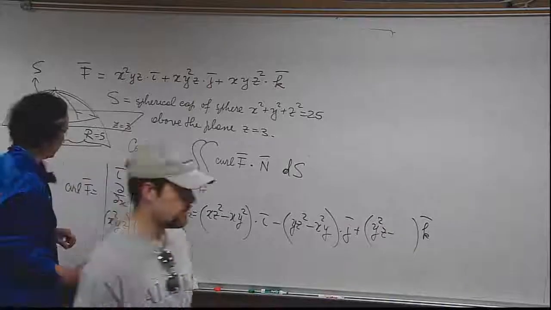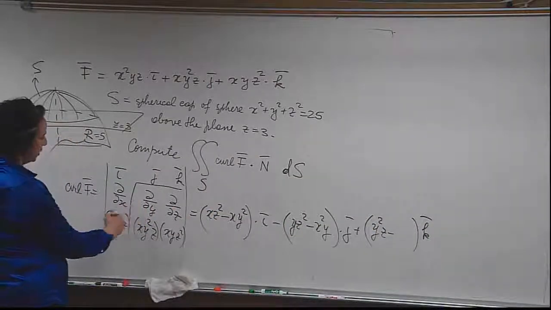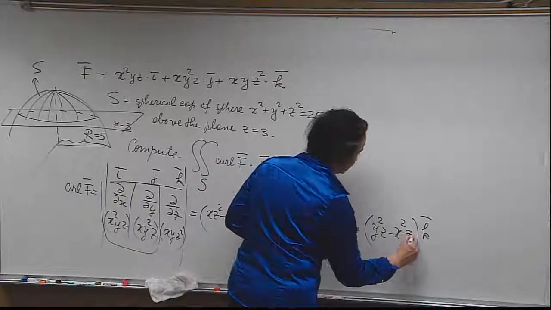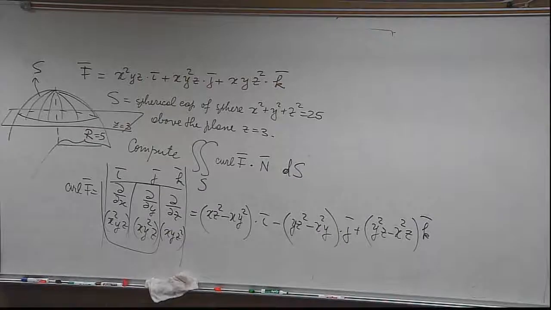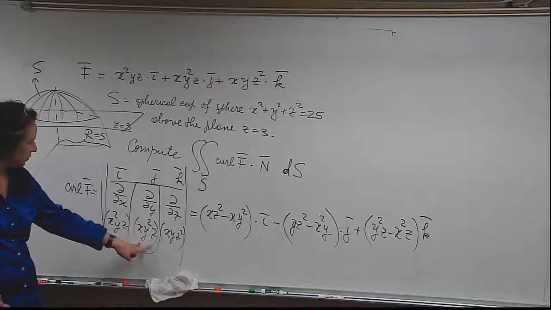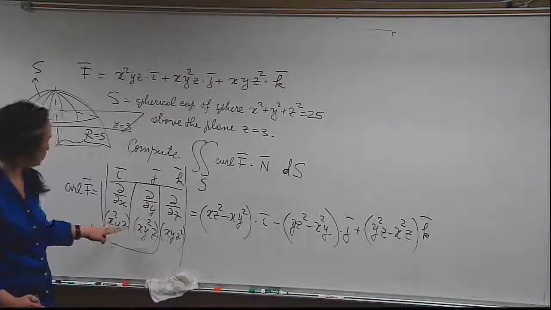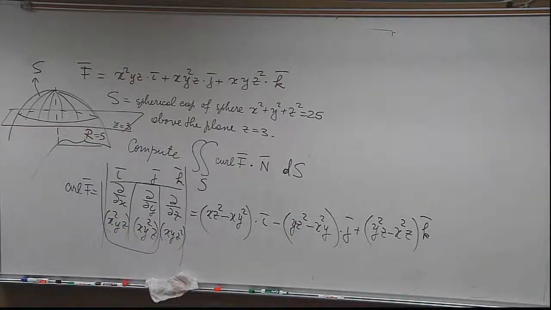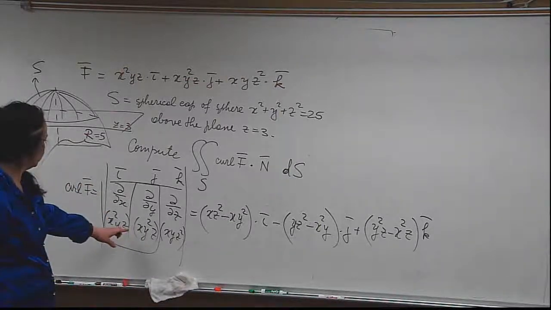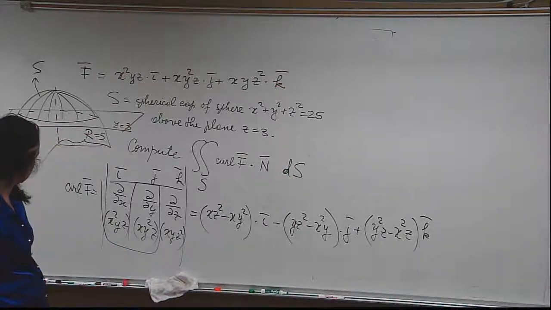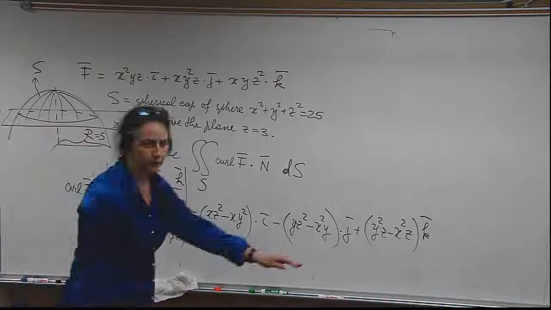Because if you look at this guy, we stare at it again and we say, well, I have the derivative with respect to x is y squared z. The derivative with respect to y is x squared z, and then minus x squared z. Then I have, did I write it correctly? Yes, I did, right? So this is correct.